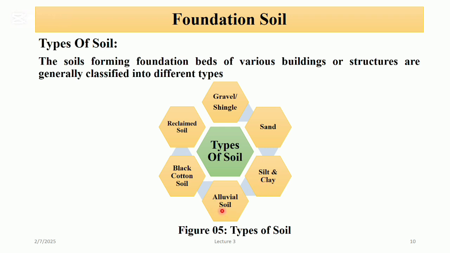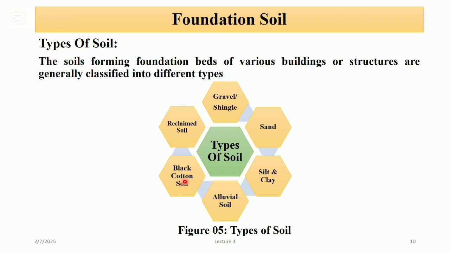Alluvial soil. This is the transported soil which is carried away by force of water. This type of soil is also suitable as a foundation for wet or light structures. Black cotton soil. This type of soil is inorganic in nature and it is one of the worst foundation soils available in the country.